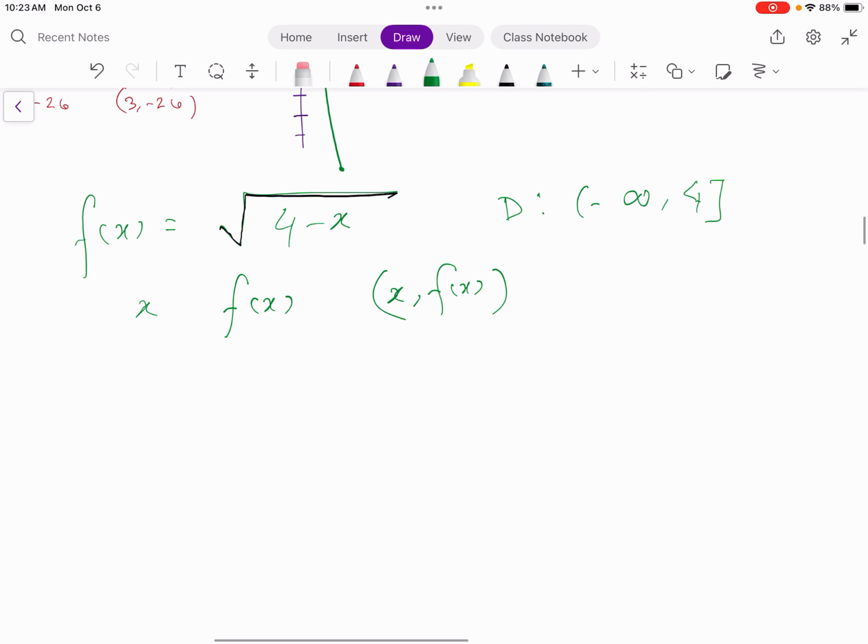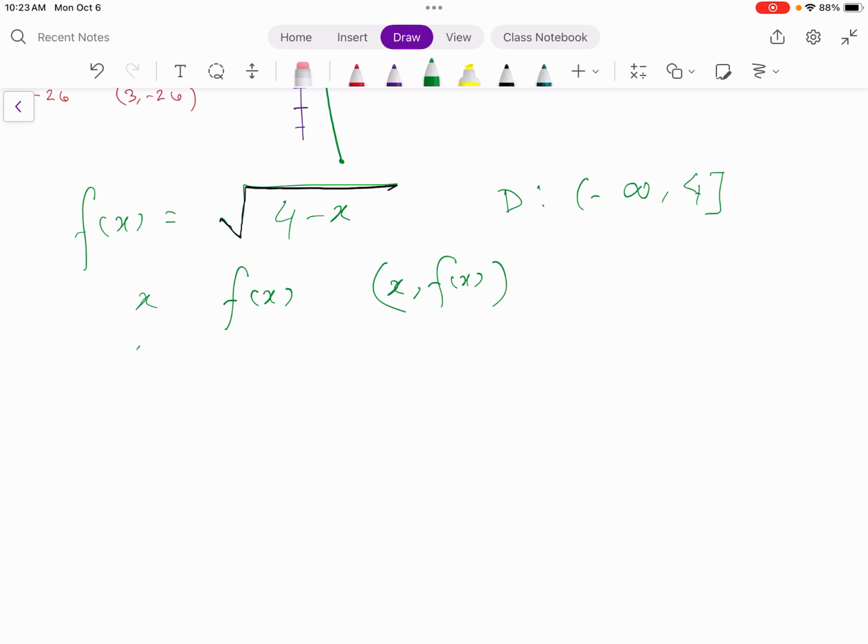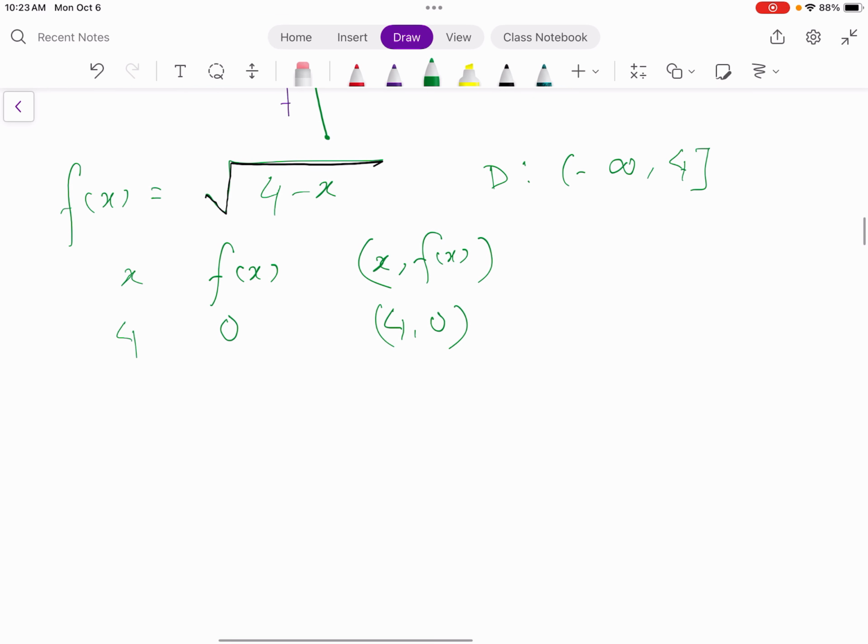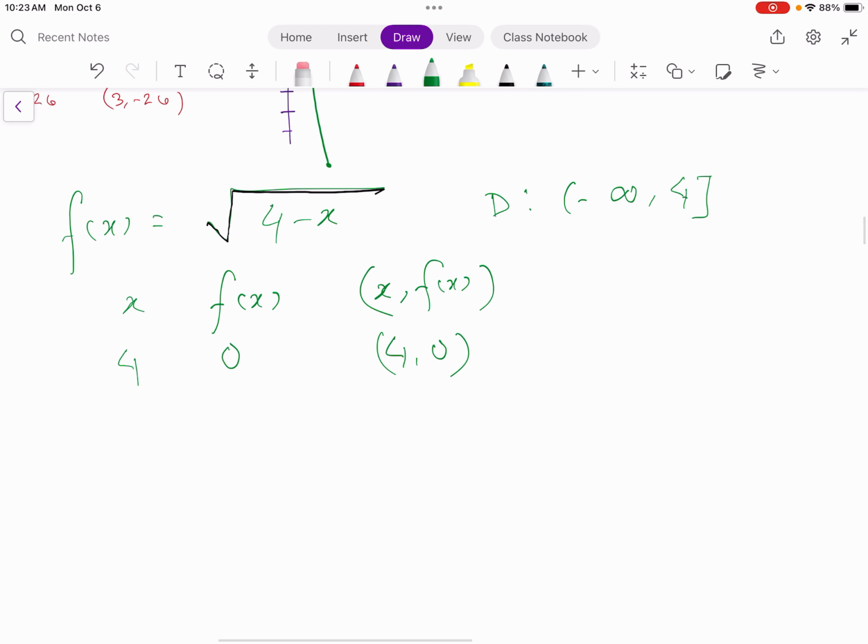So let's start with positive 4. So when our input is 4, what is our output? So we have square root of 4 minus 4, square root of 0, and square root of 0 is 0. So 4, 0 is 1 point. Now, what number do you want to pick? You can pick 3, but what happens if we pick 3?